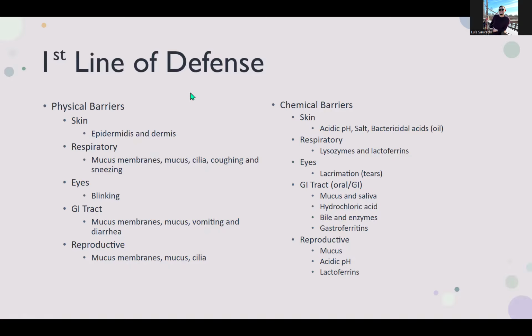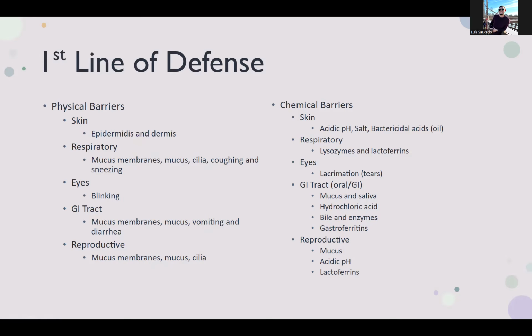So the physical barriers, the ones that you normally know of: skin, our respiratory tract is lined with mucous membranes. We have mucus, cilia, which are the little tiny hairs, coughing and sneezing. Our eyes can blink, and they have eyelids, things like that, to keep pathogens out of our eyes.